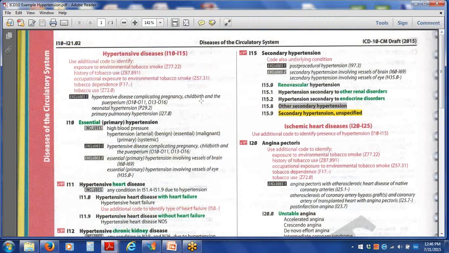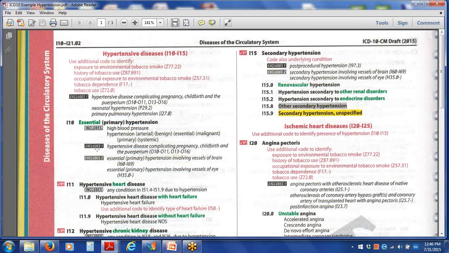Okay, here are your hypertension diseases. And we have some family practice doctors and some urgent care doctors here on the call today. So, essential primary hypertension includes high blood pressure. Yay, it's a 3-digit code. And that's great. And in some cases, that's enough, just that 3-digit code, and it tells you what it includes.